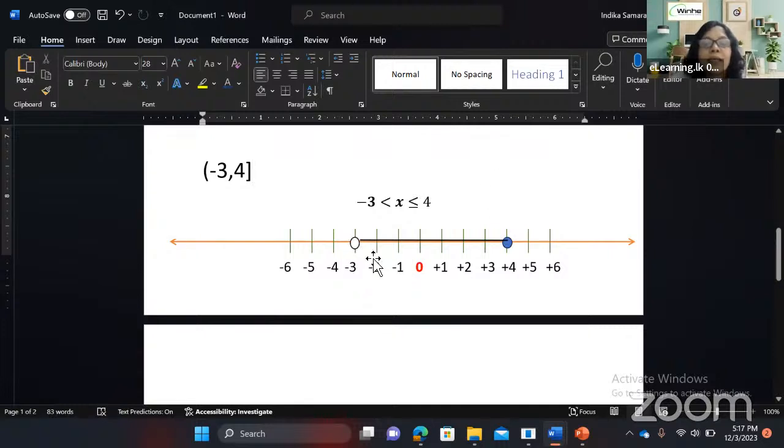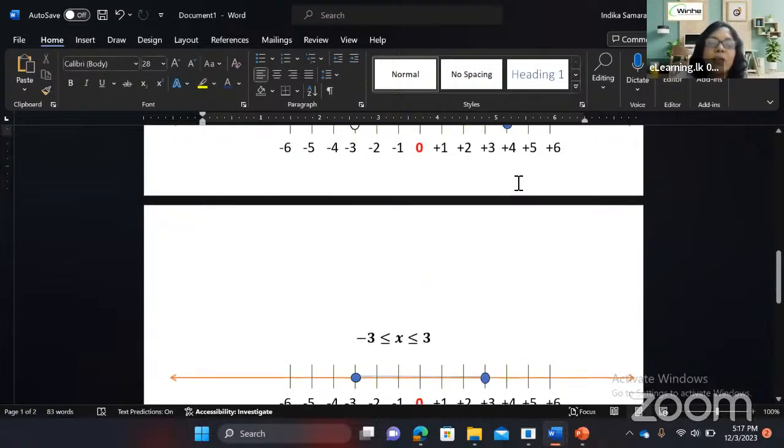Right? All the values after -3 and before +4 belong to x. Right?